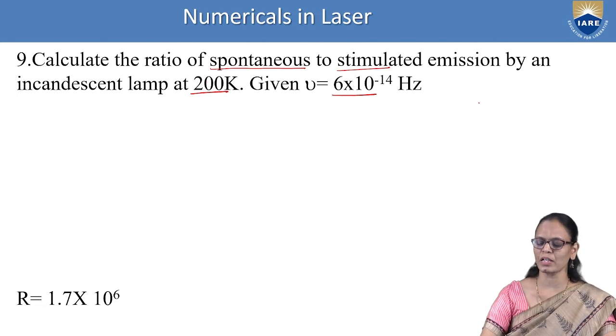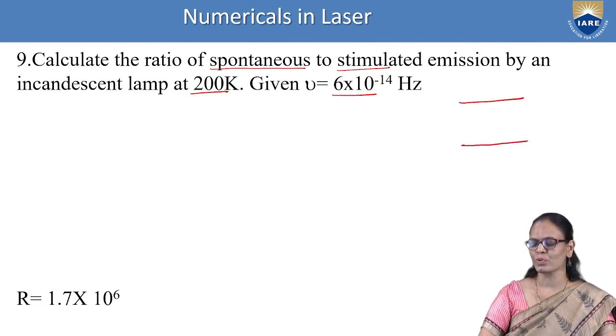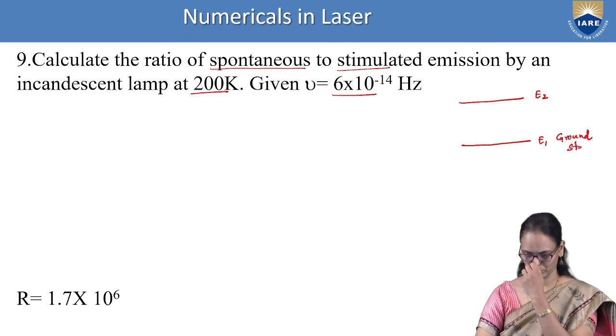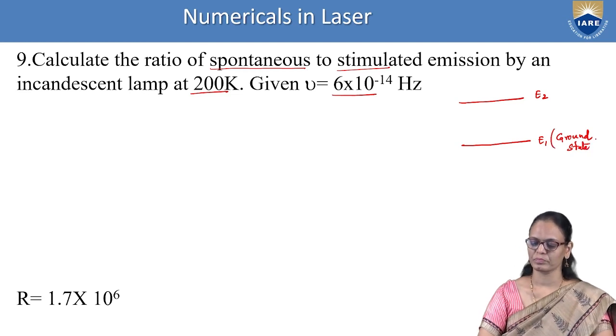Now when we are talking about emission, we have two states, E1, E2. E1 here is the ground state. E2 represents the energy of the excited state.